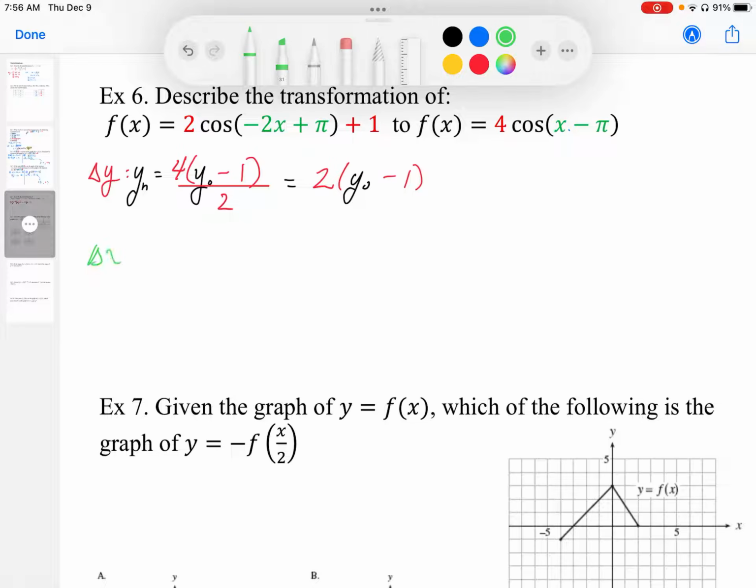The x is a little bit more complicated. So our change in x, well, this really is the calculation to our old x. We can write that as new and old like that. So we have our expression here, and it ended up being the new expression here.